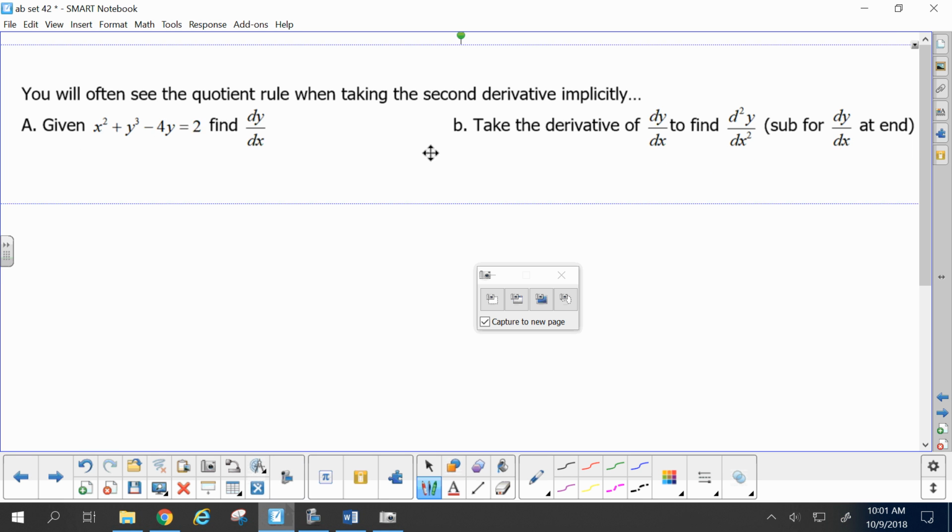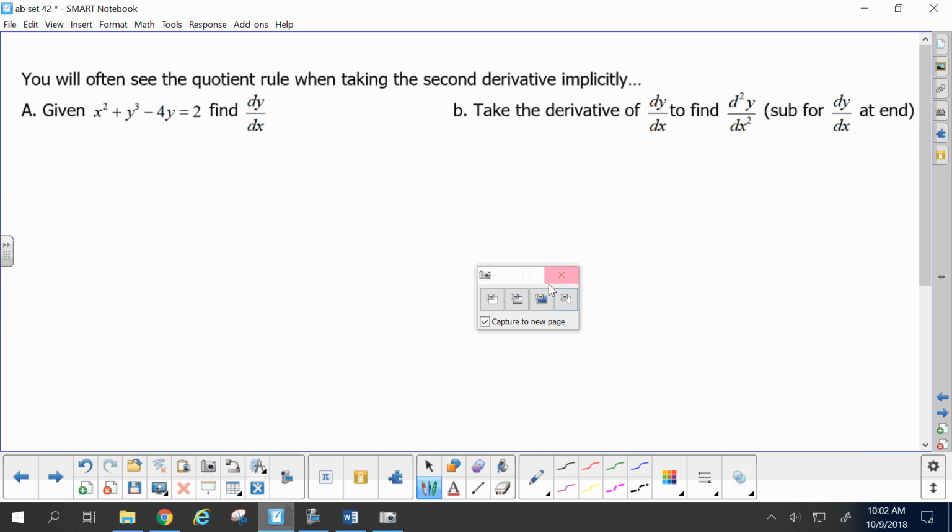Okay. I don't know if you people from Miss Cannons did this last year or not. It kind of depends on whether she put it in early or not. All right. So you'll often see the quotient rule when taking the second derivative. The first one, this should go pretty well. The second one is where you'll need some help. So would you do part A for me, please? And then we'll talk about part B. Part A is review.